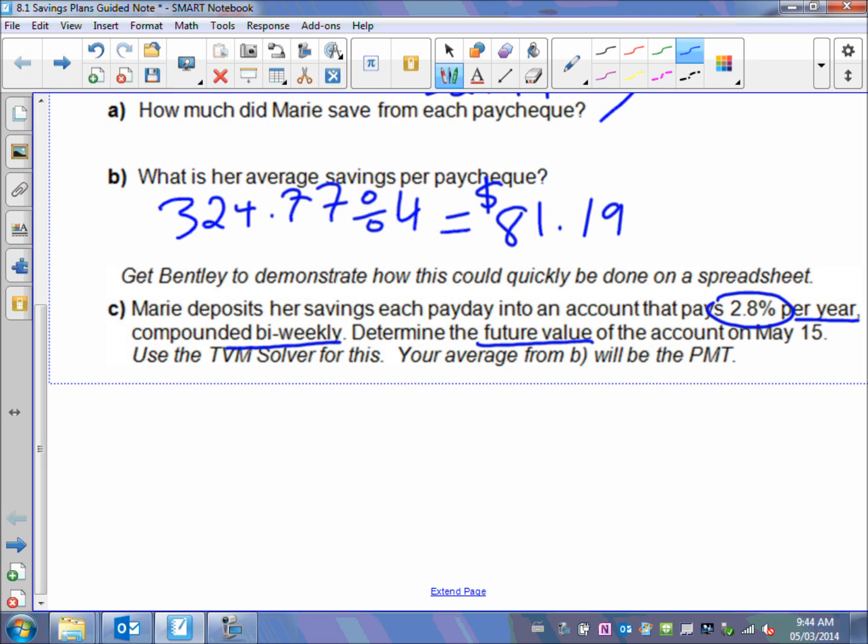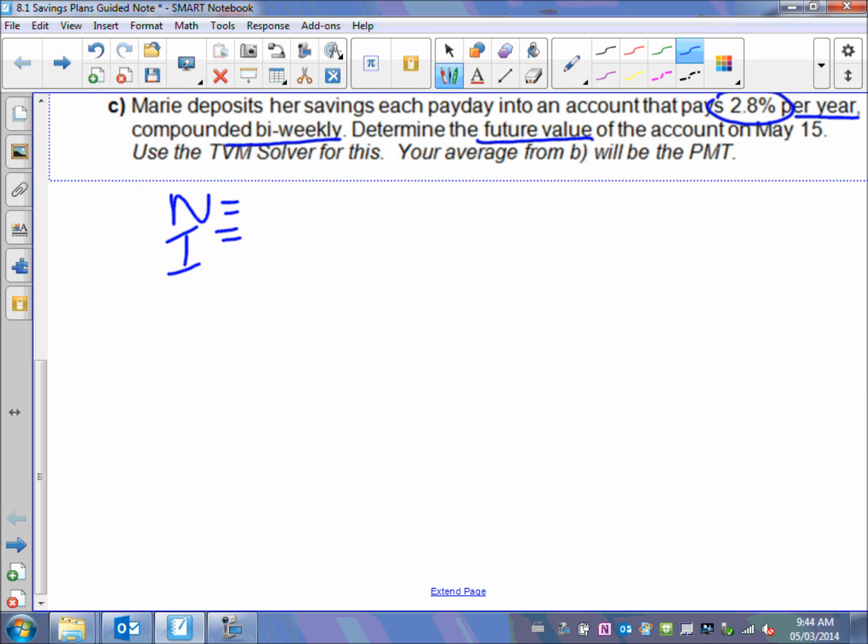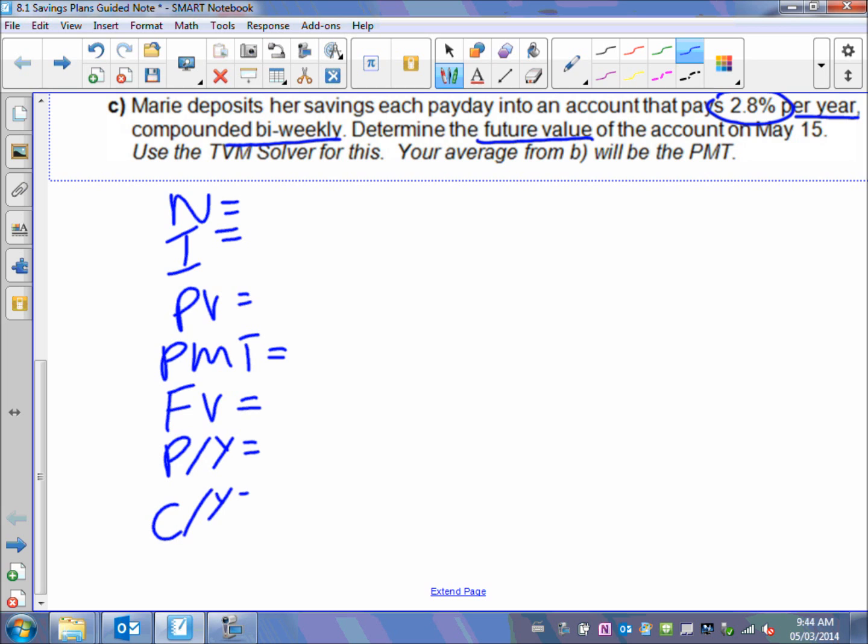Use your TVM. So here we're going to go N equals, I equals, PV equals, PMT equals, future value equals, PY equals, and CY equals.